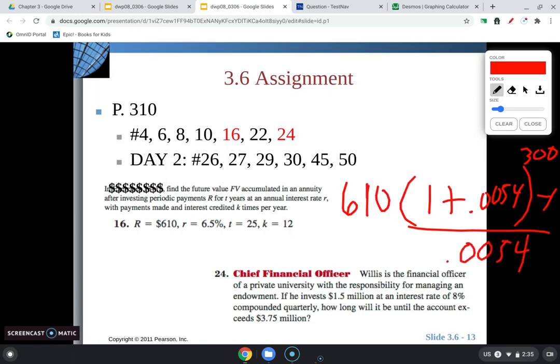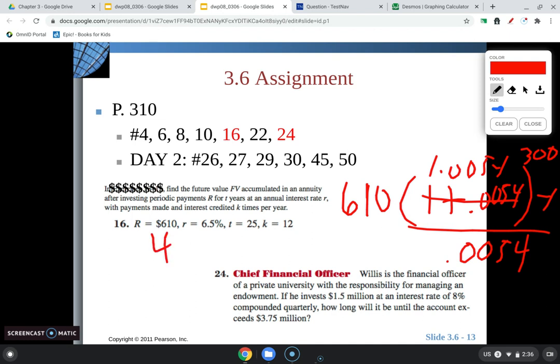So when you do this, you want to do your top first. So we're going to go 1.0054 to the 300th power. And then we're going to subtract 1. And then I'm going to divide that by 0.0054. And then I'm going to take that times 610 out front.